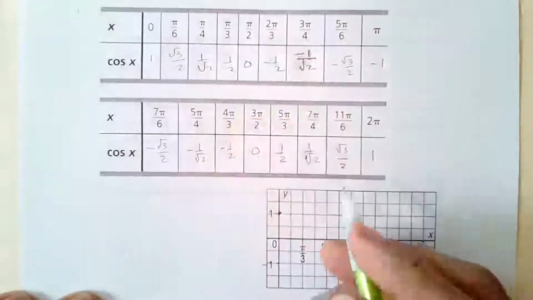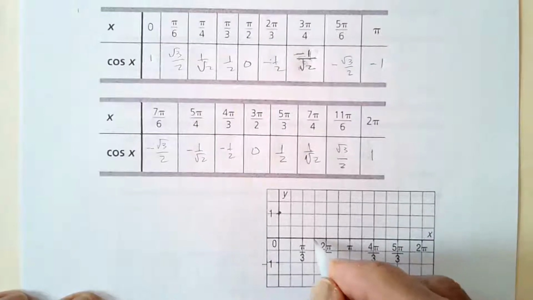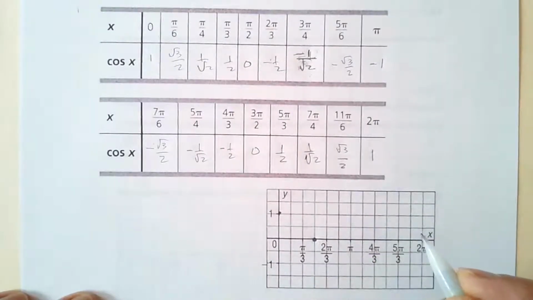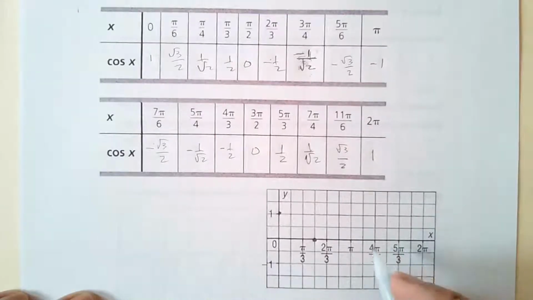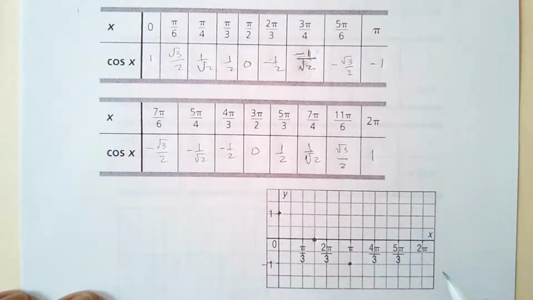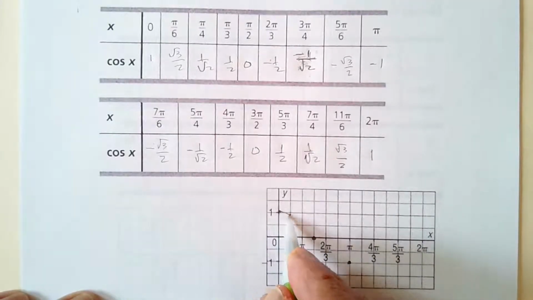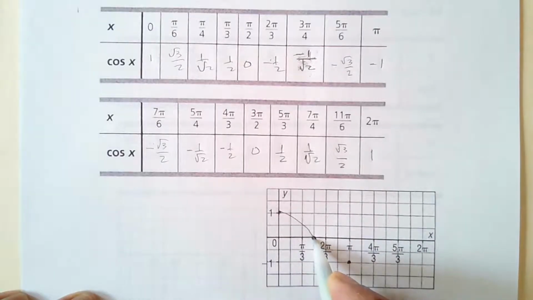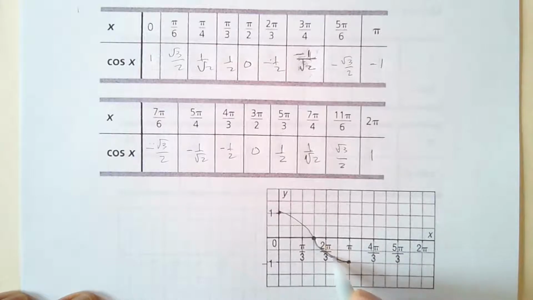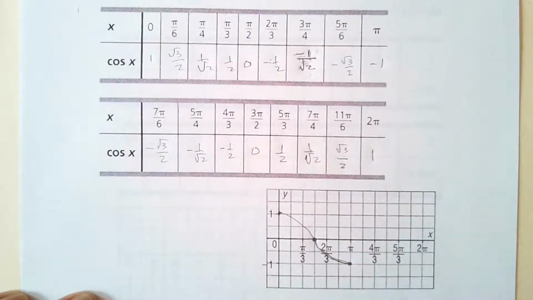Now pi over 2 is 0, which is down here. And then pi is negative 1. So this graph is actually going down. And plot the points. What's half?